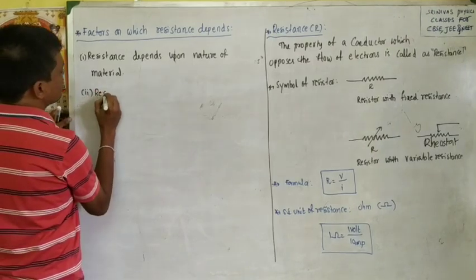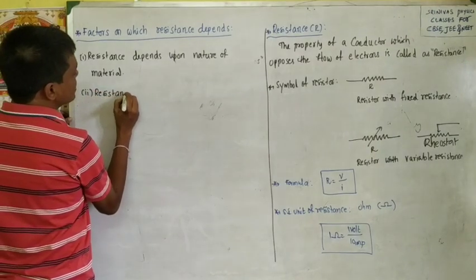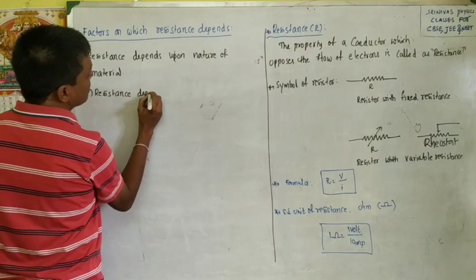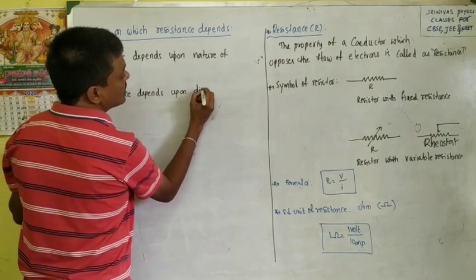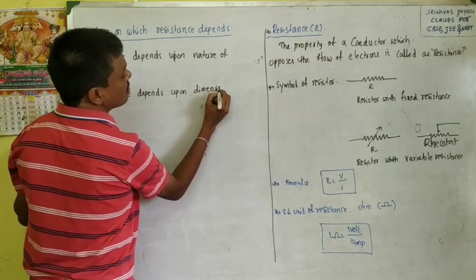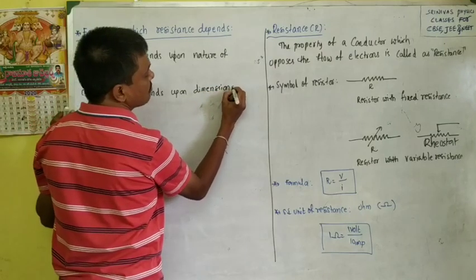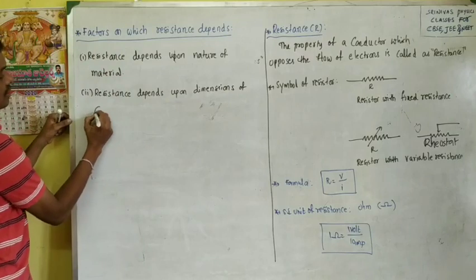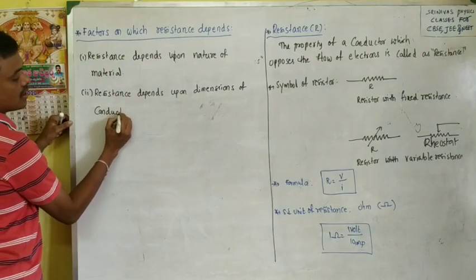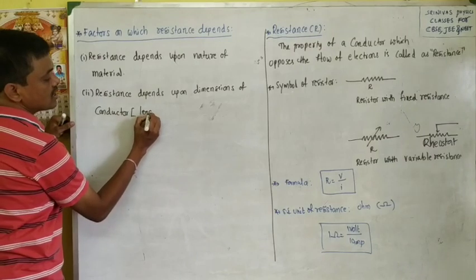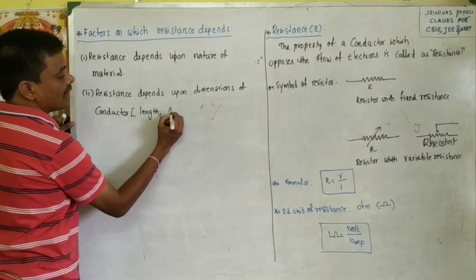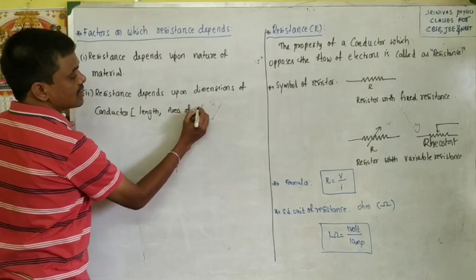And resistance also depends upon the dimensions of the conductor. What are the dimensions? Resistance depends upon the length and area of cross section.